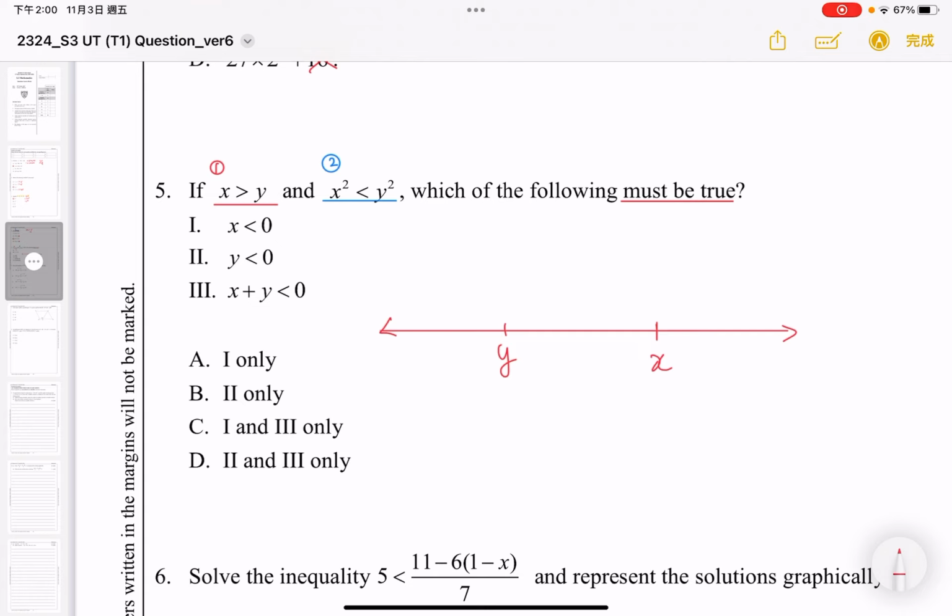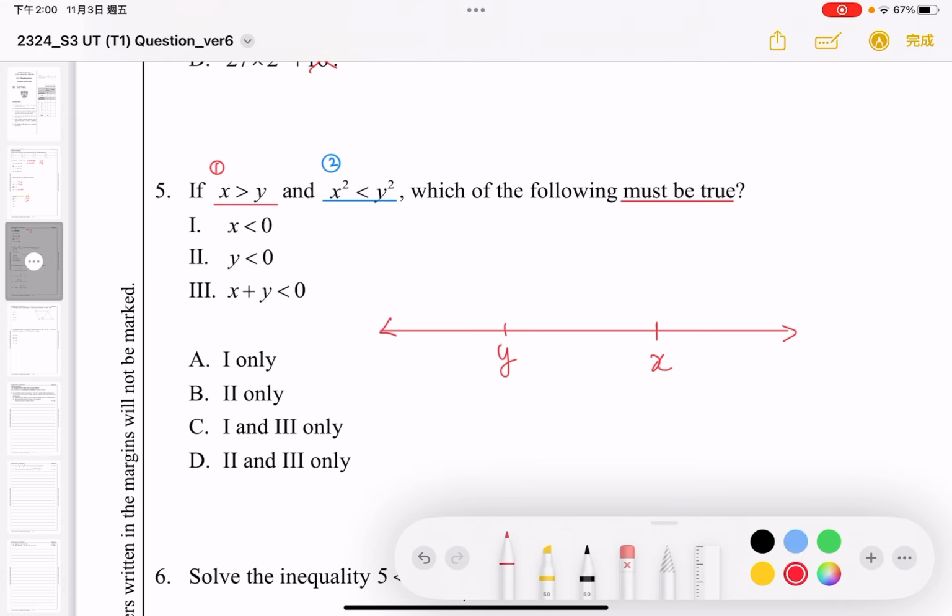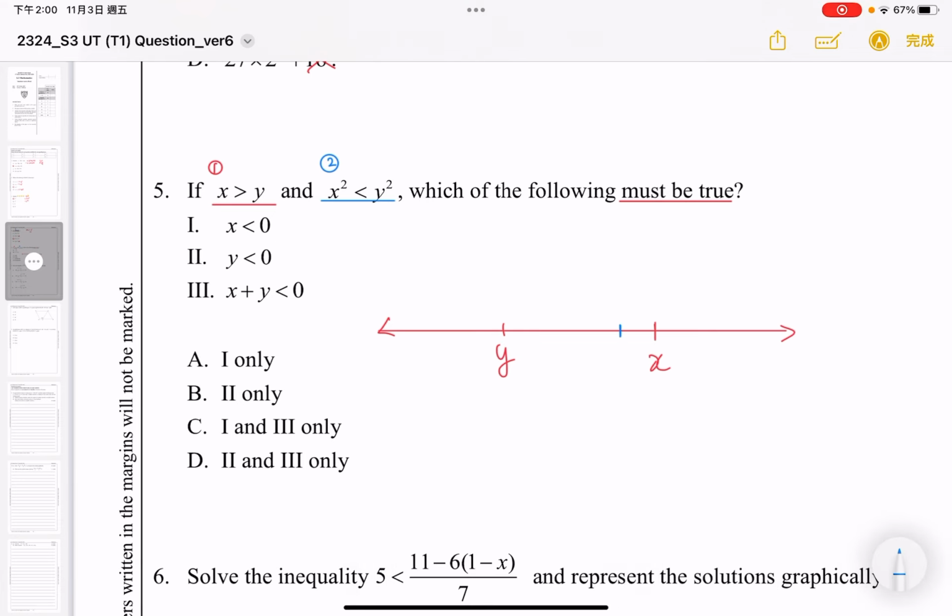So when we are looking at the number line here, we set the 0 at this point, which is between y and x, but closer to x. When you set the 0 here, then it can fulfill the second restriction. That is, the distance of y from 0 is longer than the distance of x from 0.